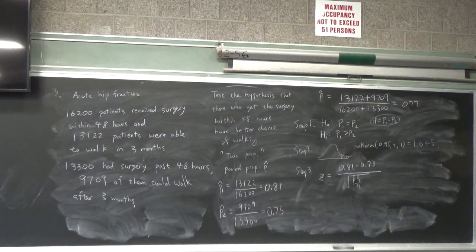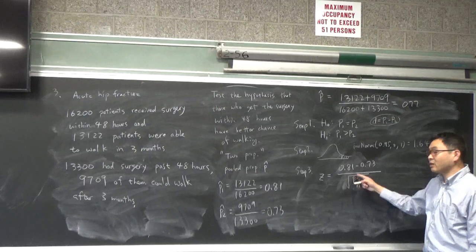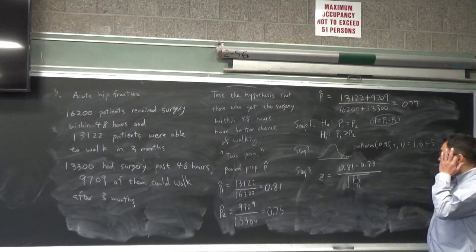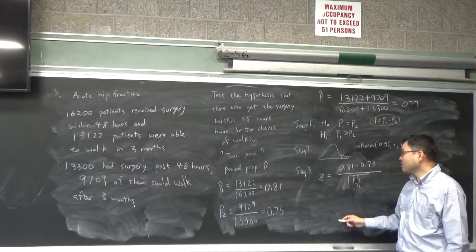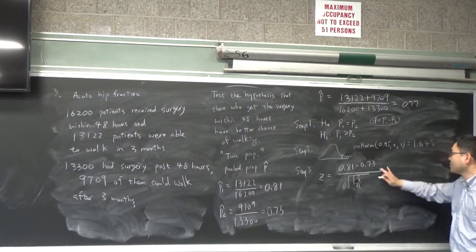So that's when you use the pooled one. For the standard deviation, that's what you use. And just remember that Q hat is 1 minus P hat.